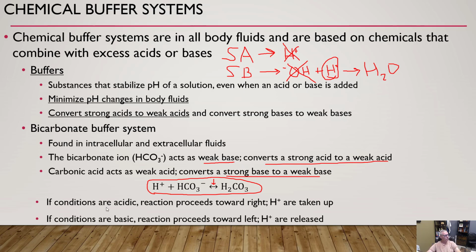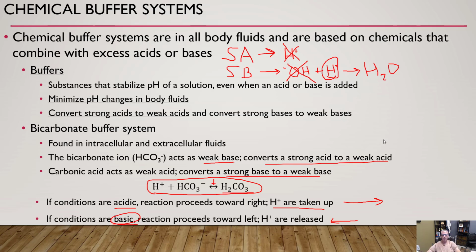So if we have too much acid in our body, we're going to go this way. We're going to get rid of hydrogen ions. Hydrogen ions are going to get taken up and we're going to form carbonic acid. If our conditions are too basic, we're going to go to the left and we're going to break down carbonic acid into bicarbonate, and we're going to release hydrogen ions to make our pH more acidic.